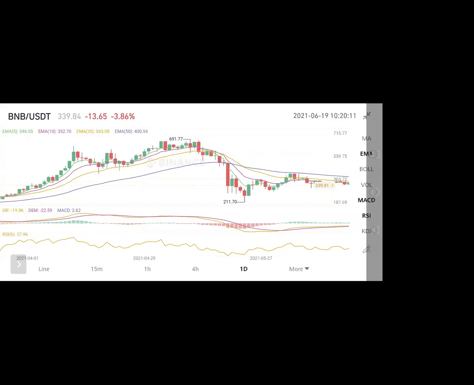This indicator, the EMA, has a time associated with each of the EMAs. We have 5 EMA, 10 EMA, 20 EMA, 50 EMA. Let me now explain what the time means.